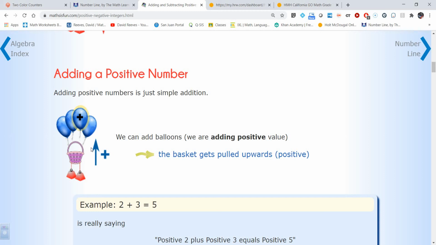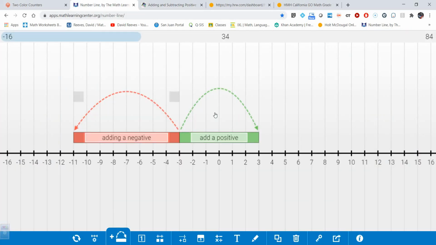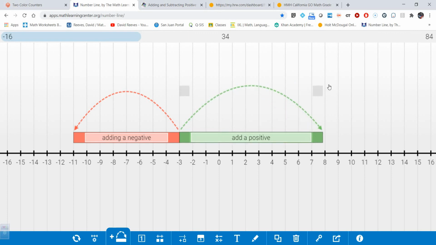Does that make sense? So to make it go up, I can add a positive. That corresponds back to this number line. That is adding a positive. Going up on the number line is like going to the right, okay? I wish I had a little animation here and I could show the balloon going up. I really would like to know how to do that, okay? The balloon is going up, up, up as I add a positive, okay?